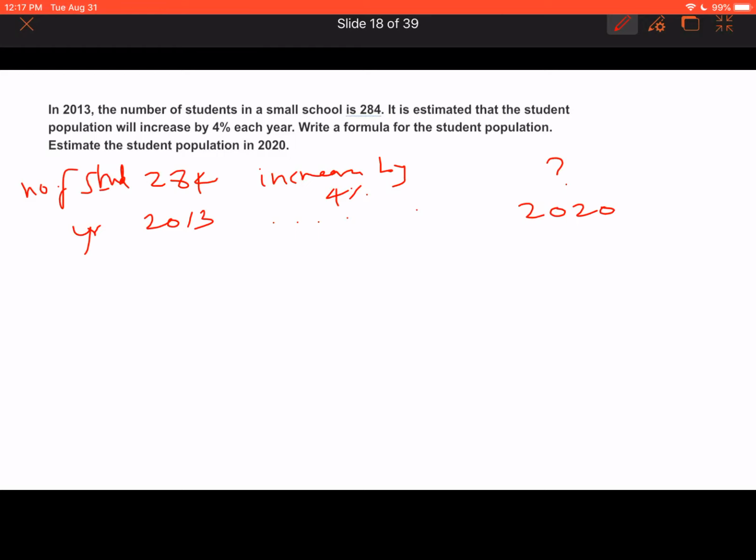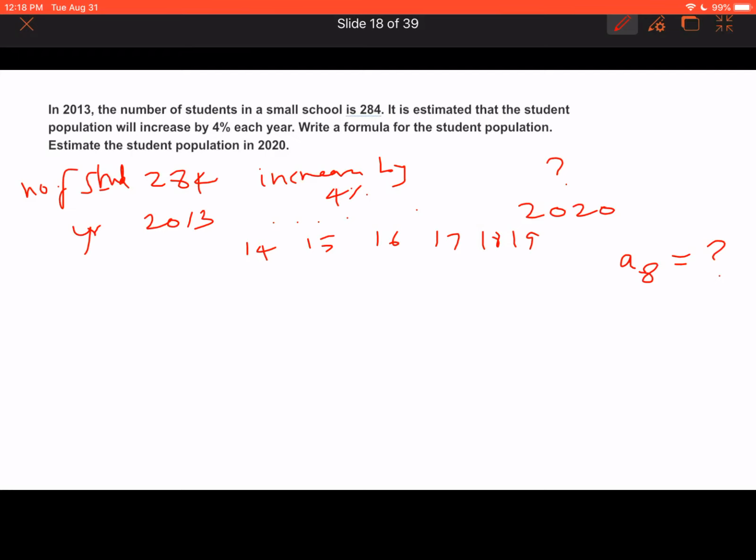Okay, so in 2013 it is 284, then it is 14, 15, 16, 17, 18, 19 and 20. So how many years are there? 2013 is the first term, second term, third term, fourth term, fifth term, sixth term, seventh term, eighth term. So we have to find the number of students in the 8th year, that is 2020.